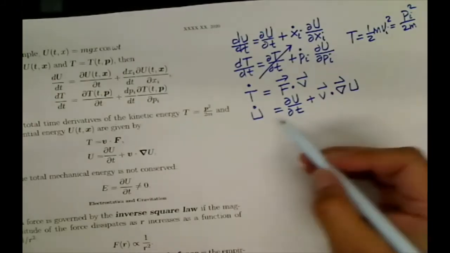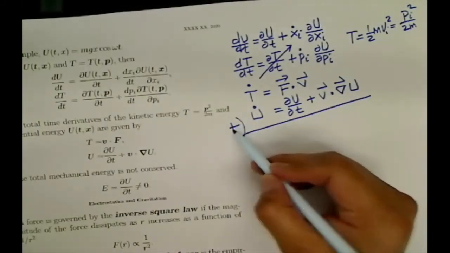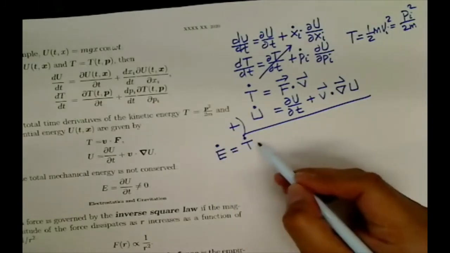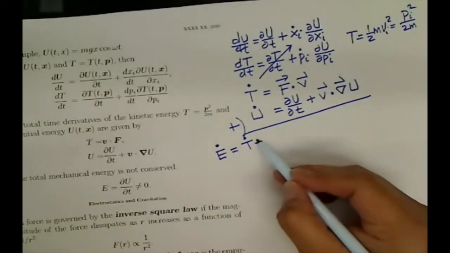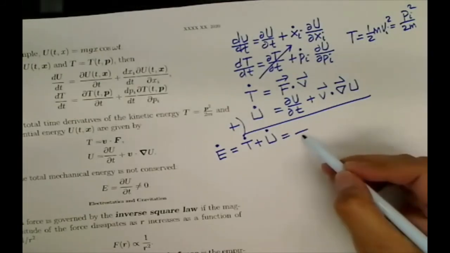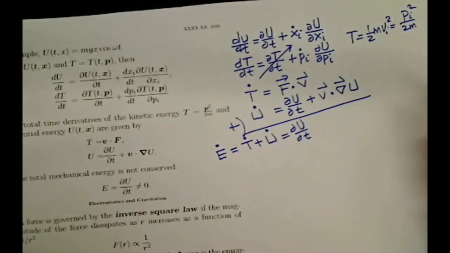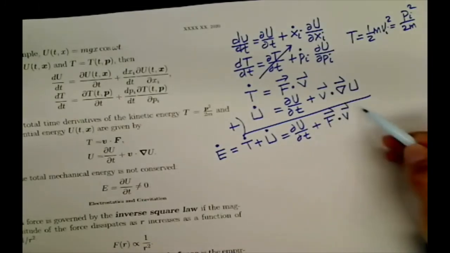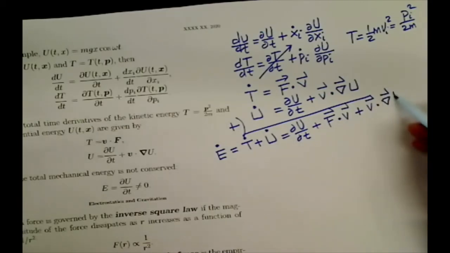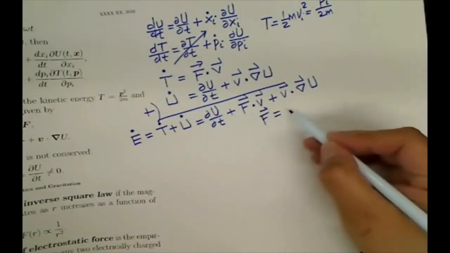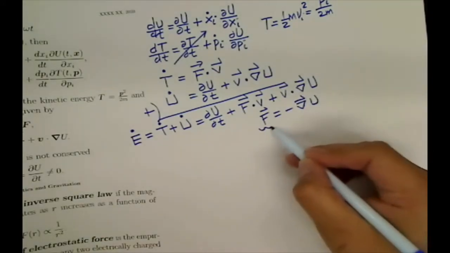So if I sum these two, total mechanical energy, time derivative is time derivative of the kinetic energy plus time derivative of potential energy, and that is plus V gradient U. But we know that F equals minus gradient U, right?